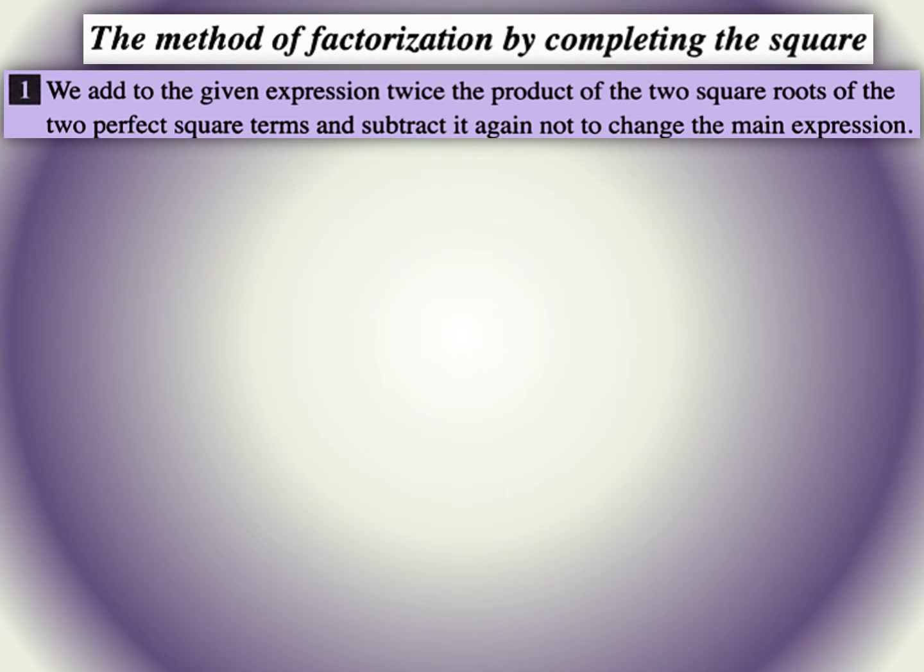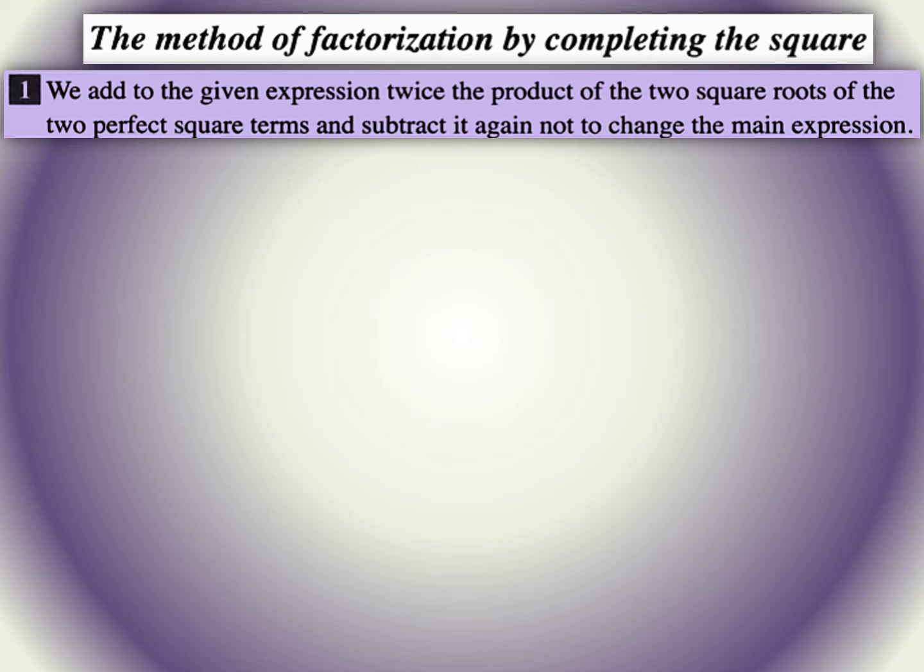Number 1, we will add to the main expression, the given expression, twice the product of the two square roots of the two perfect square terms, and we will subtract it again, not to change the main expression.